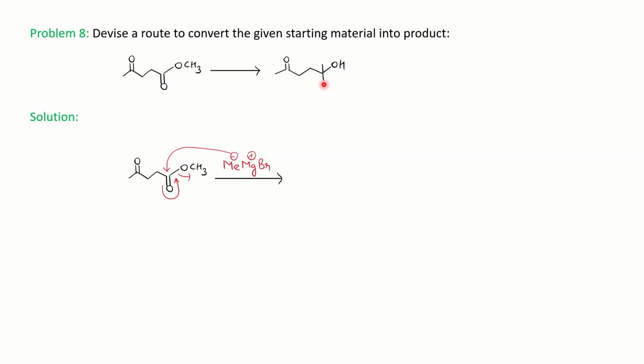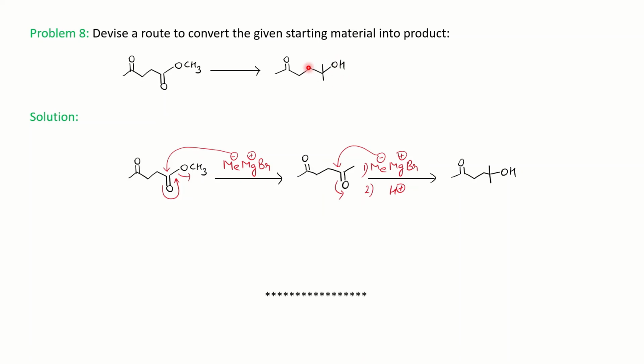Since you have two methyl groups here, we can use methyl magnesium bromide as a nucleophile, which will attack the carbonyl carbon, followed by the loss of OCH3. You will get a ketone. Again, with the second molecule of Grignard reagent, and after hydrolysis, you will get your final product. So this is how, with the help of Grignard reagent, you can design your given product or molecule.